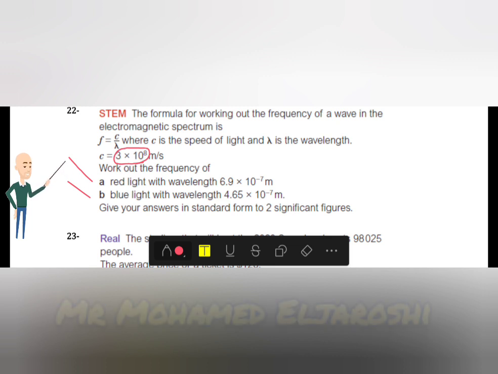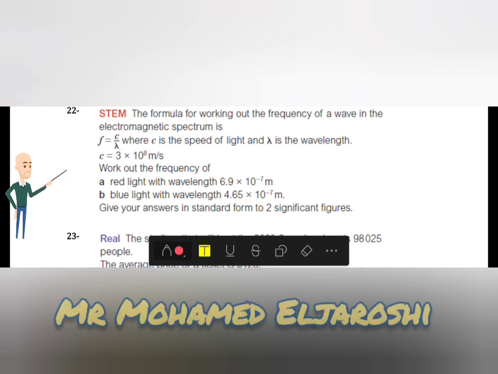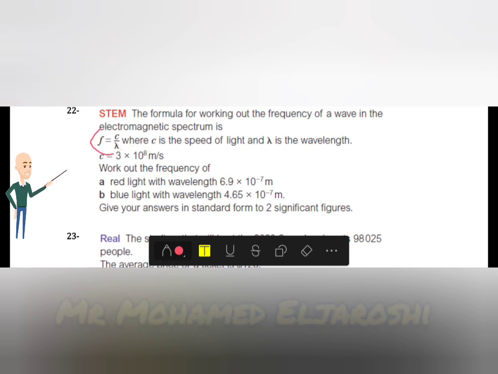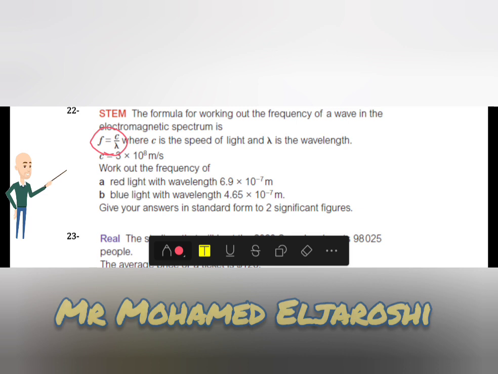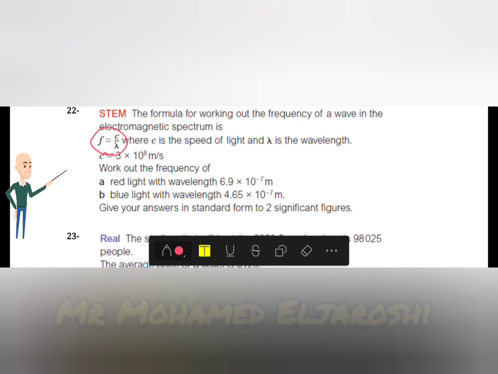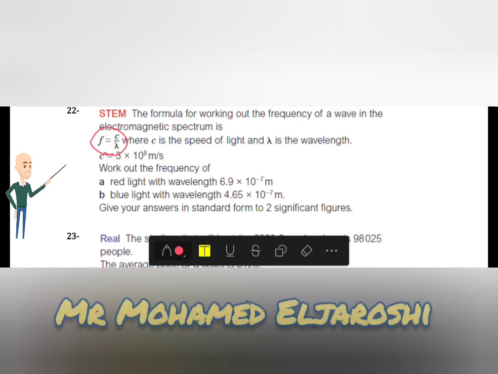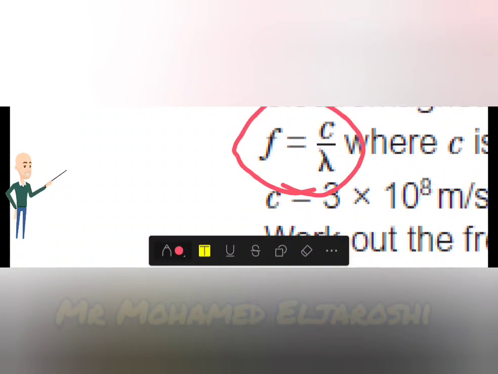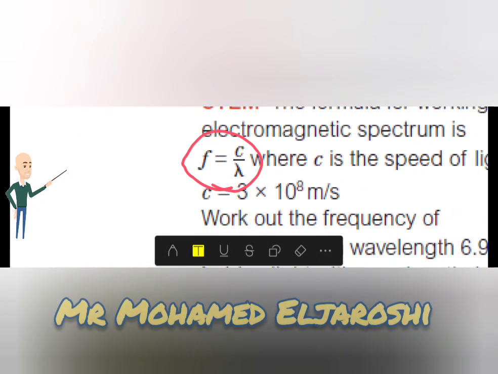Now, first, let's remove these, okay? So we're going to use this formula here. Let's answer A here. So, as we said, we're going to use this formula.